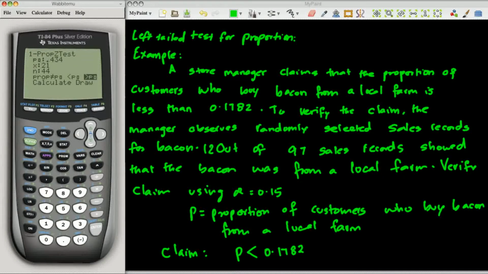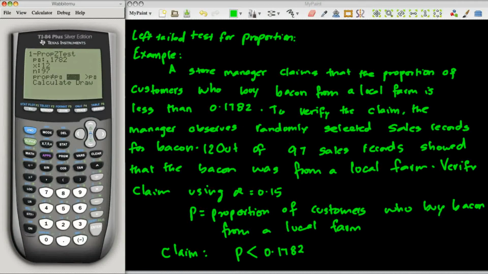The p naught is 0.1782. X is the number of people who bought bacon that was from a local farm, which is 12. The total number of customers we observed was 97, and the type of test that we are performing is a left tail, so you select the second one.